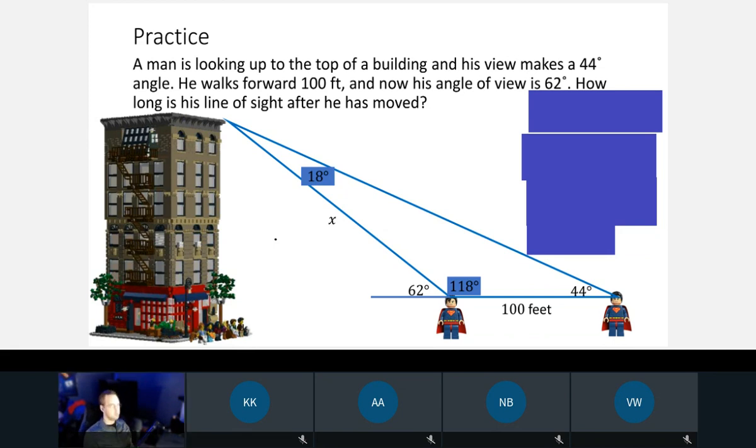So now we know all 3 of these angles, which is super helpful. We also know this side of the triangle, and we're trying to find this side. Based on that information, we have to decide: is it law of sines or law of cosines?